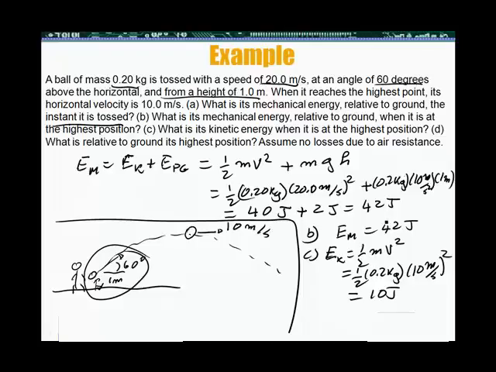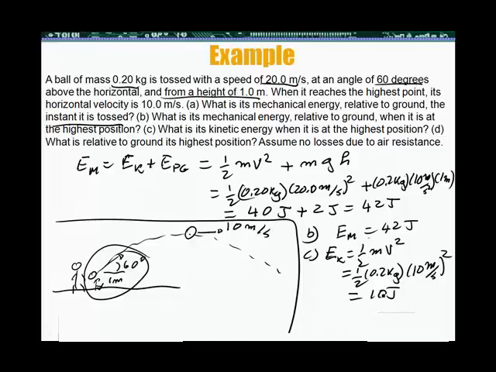The next question is asking how high is it? Before getting how high is it, we can focus on the fact that the mechanical energy is 42 joules, the kinetic energy is 10 joules, so where's the rest of the mechanical energy?